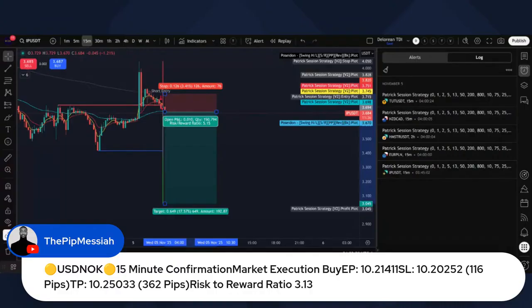This will be IP versus Tether. We got a risk of 5.15. We got an entry at 3.694. Got stop loss of 3.820. It's 126 pips. Got take profit at 3.045. And that's for 649 pips.